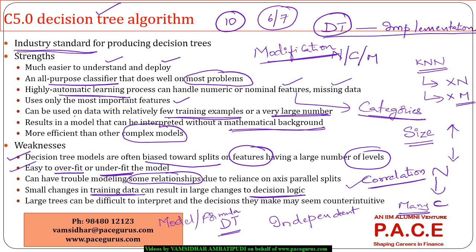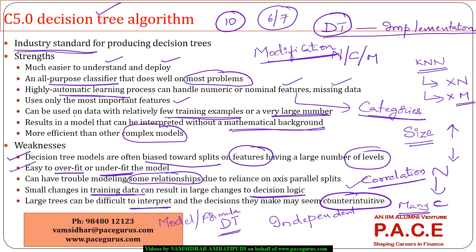And if the tree size is very large, the interpretation is very difficult, and whatever decision I am making may be more and more counterintuitive. So I have to be aware of the limitations. Though it's a very good model to use, I have to be very much aware of the limitations associated with the model as well. Right?